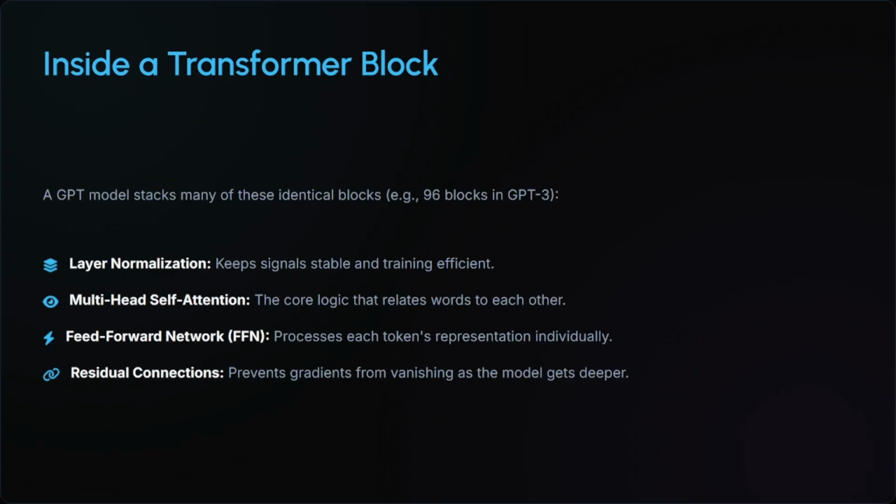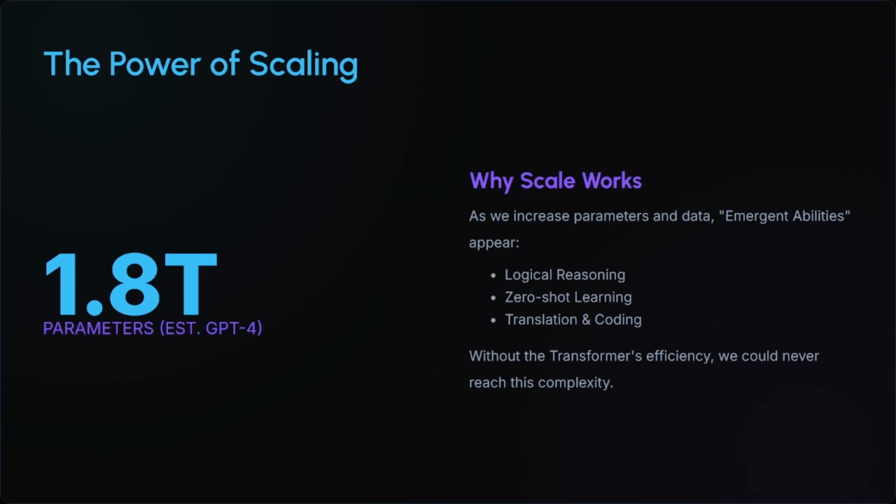So you keep things stable, and attention finds meaning, and then it passes through a feed forward neural network to refine that meaning. We stack 96 of these blocks on top of each other to create GPT-3. It's layer upon layer upon layer of deep refinement.